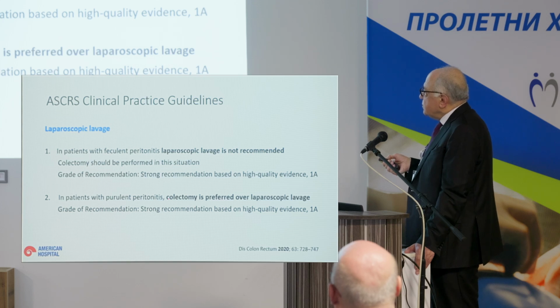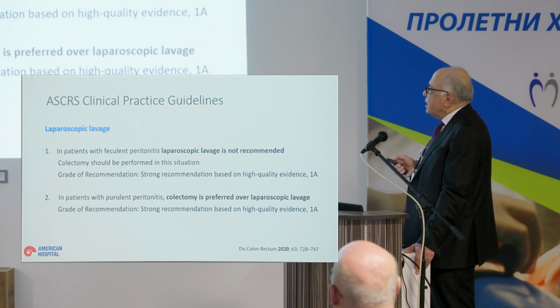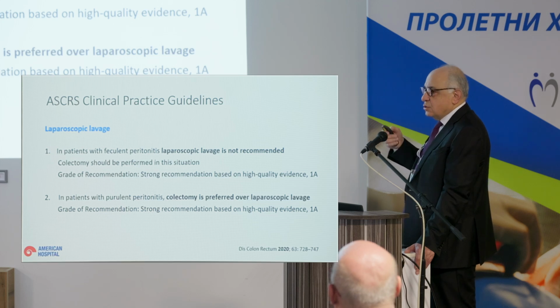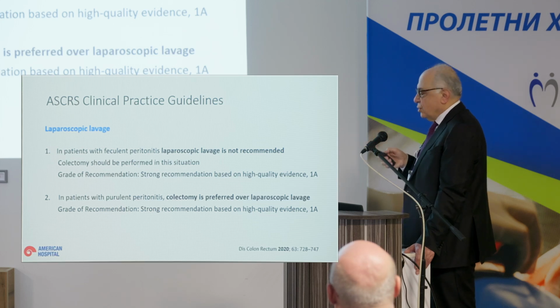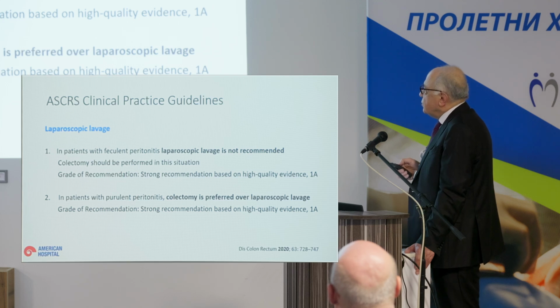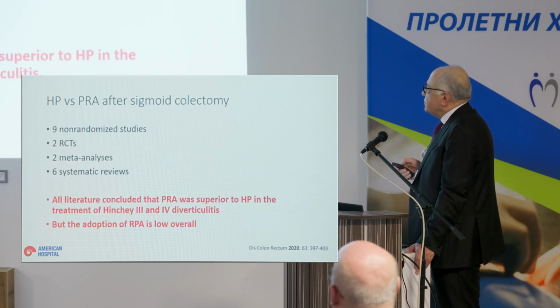In patients with purulent peritonitis, not feculent but purulent peritonitis, colectomy is preferred over laparoscopic lavage, again with high-quality evidence 1A. That means that in the United States, surgeons are pushed to do resection instead of laparoscopic lavage.